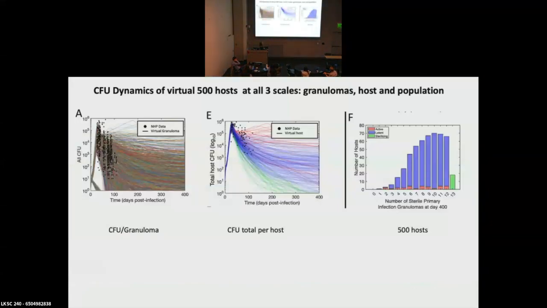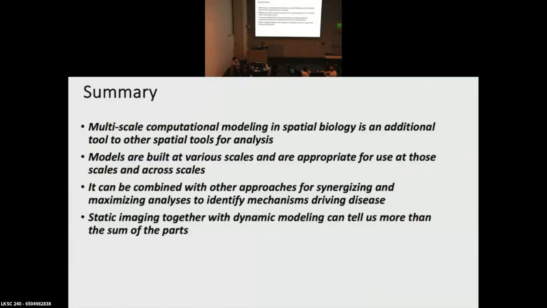Here I'm able to show you the CFU in 500 hosts: what's the CFU in all those granulomas, what's the CFU per host, and what's the total number of hosts doing over time, and who's sterilizing and who's doing what. So we get basically a multi-scale view from granuloma and molecules and cells and tissues all the way up to population.